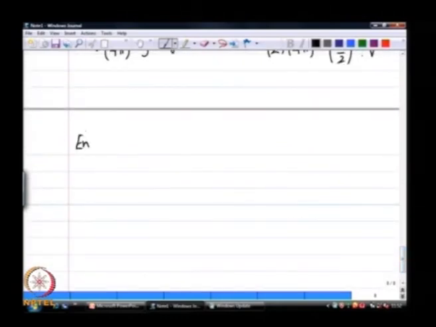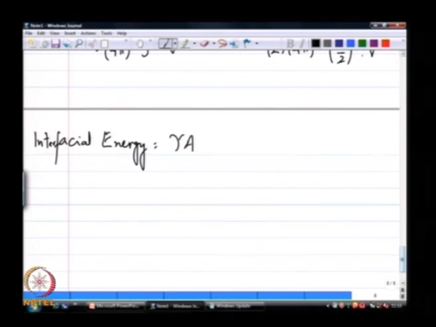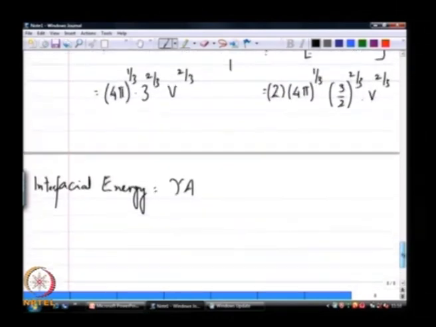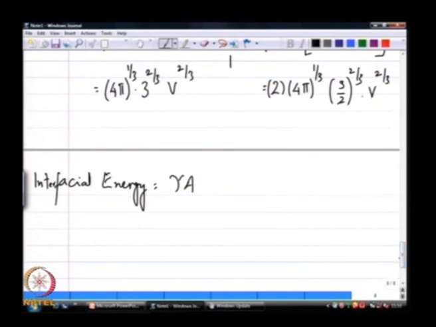So, the interfacial energy is gamma times the area. Gamma is surface tension, we looked at a number for water. By the way, water happens to be among the more commonly observed liquids. Water happens to have one of the highest surface tensions, highest liquid vapor interfacial tension. The reason for that is the very strong hydrogen bonding between water molecules.